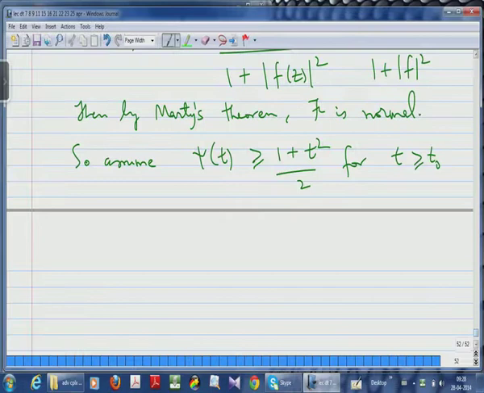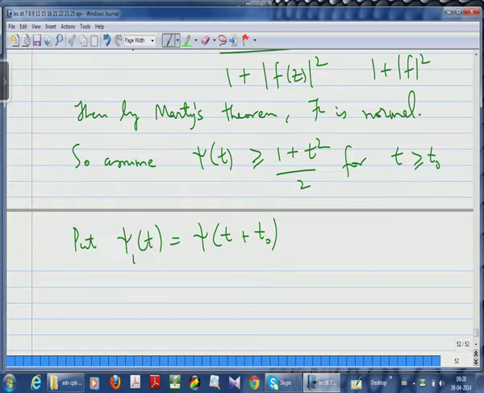And why is that so? Because you just have to put psi 1 of t to be equal to psi of t plus t naught. If you do this, all right, then psi of t plus t naught is certainly going to be greater than or equal to (1 + t naught) the whole squared by 2, that is if t is greater than or equal to 0.